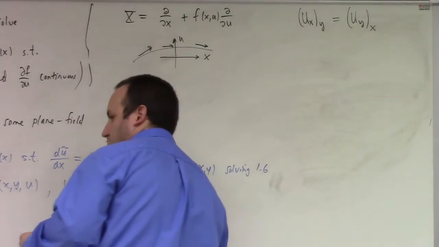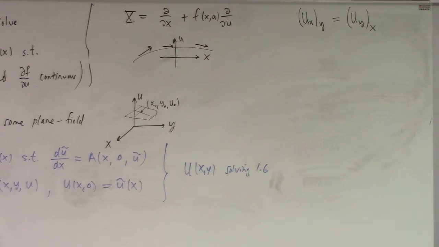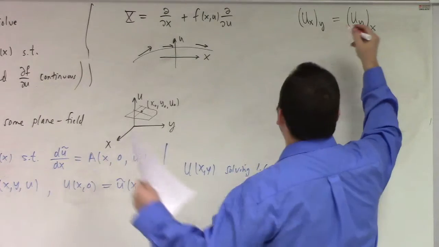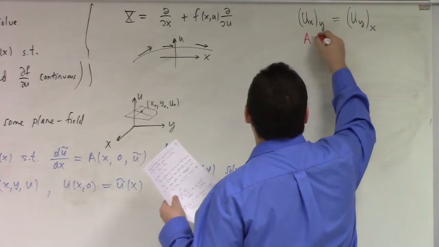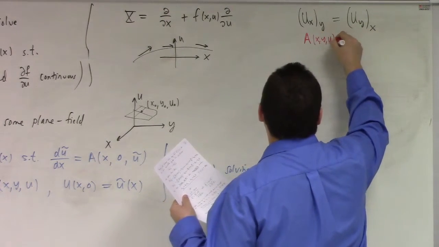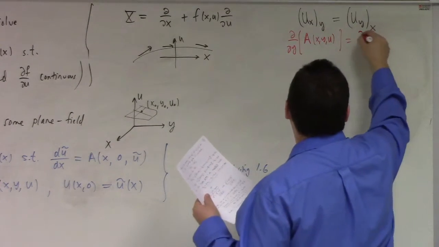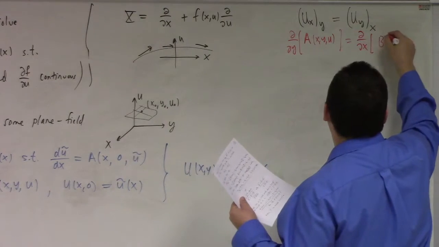So you take those partial derivatives. Now, of course, u_x is a of x, y, u, so partial y of a equals partial x of b of x, y, u.